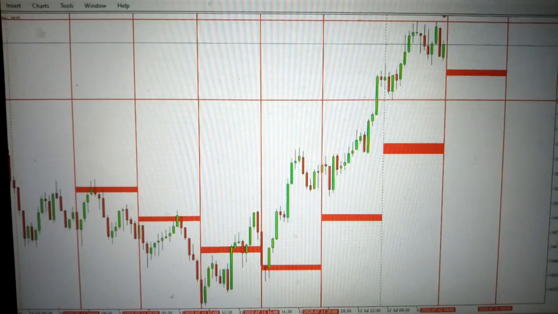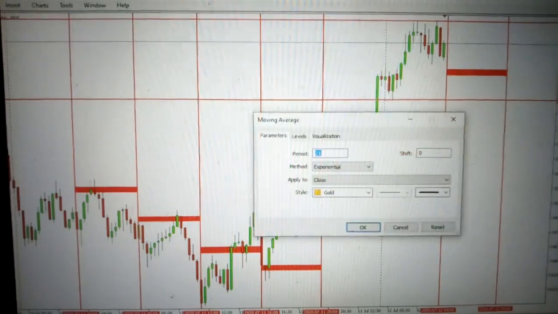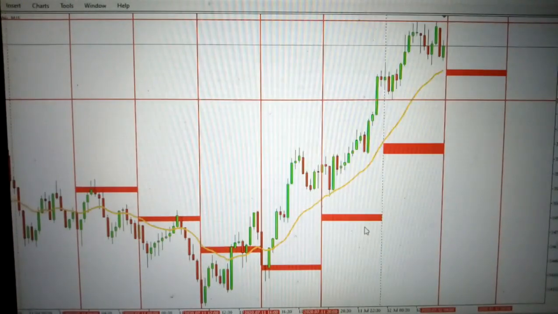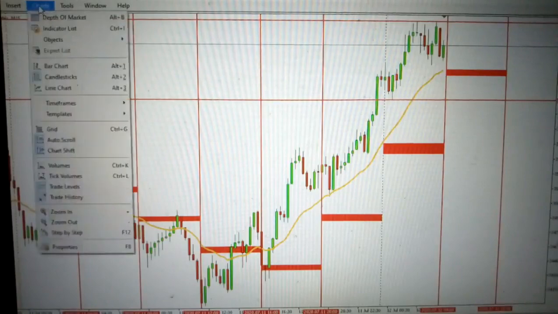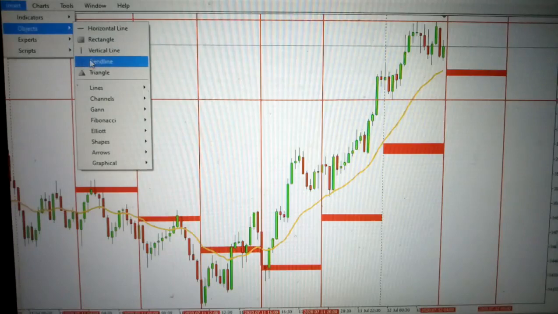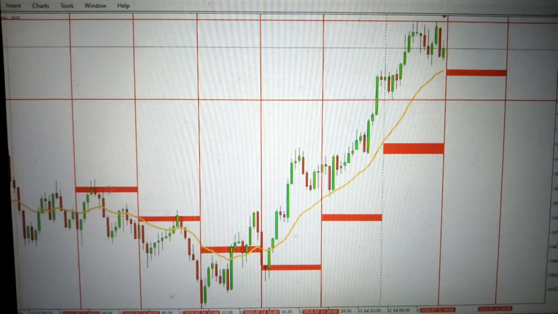Now let me load up the moving average, the 21 exponential moving average. Okay, the next thing for me to do is to use trend lines to map out connecting lines that will connect my support and resistance zones.